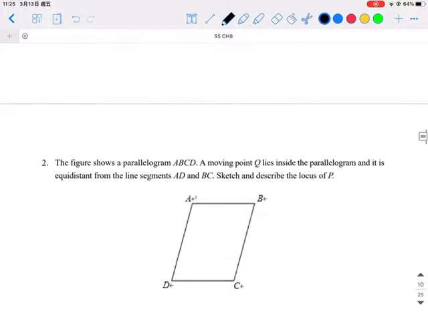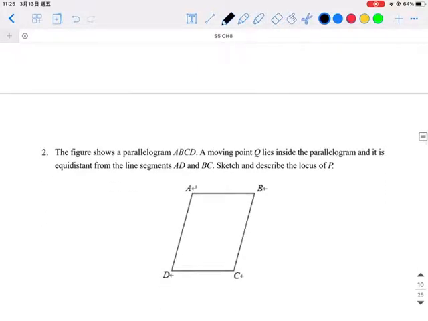In the second one, the figure shows a parallelogram ABCD, and a moving point Q inside the parallelogram is equidistant from line segments AD and BC. So AD is here and BC is here, so it's also a two parallel lines case. That means the locus should be inside the parallelogram, through the midpoints of AB and CD.